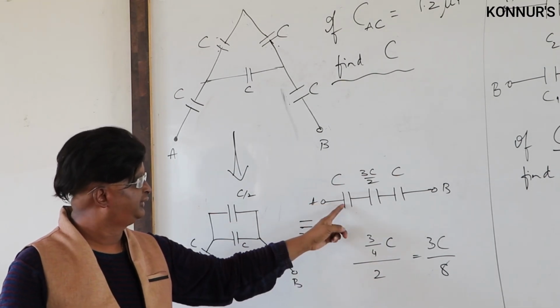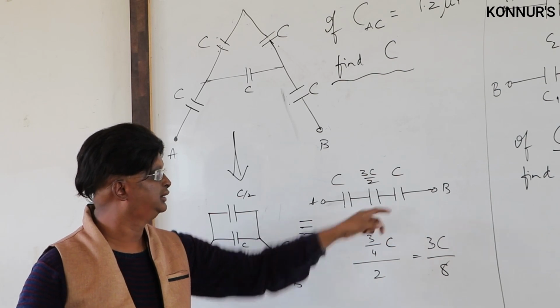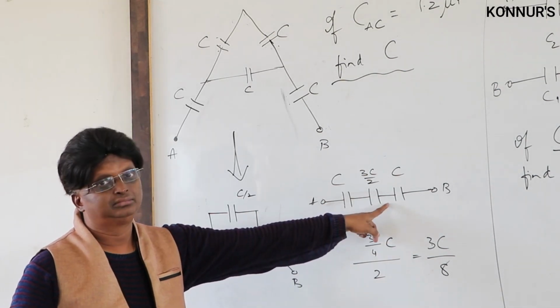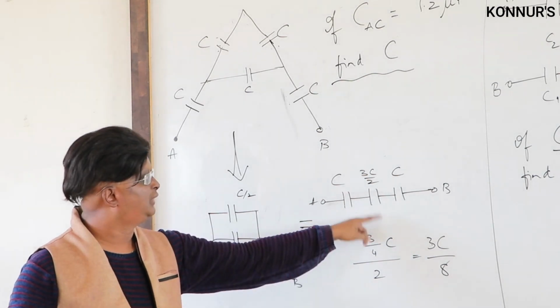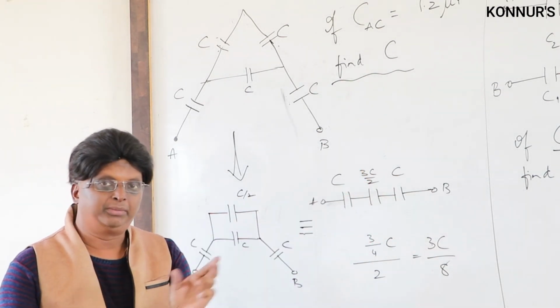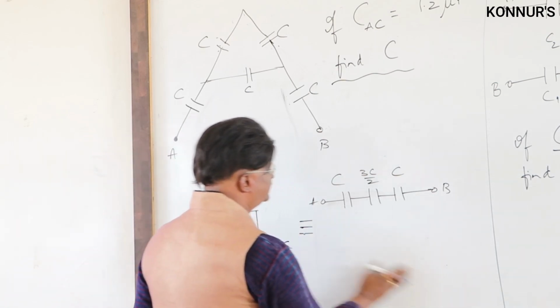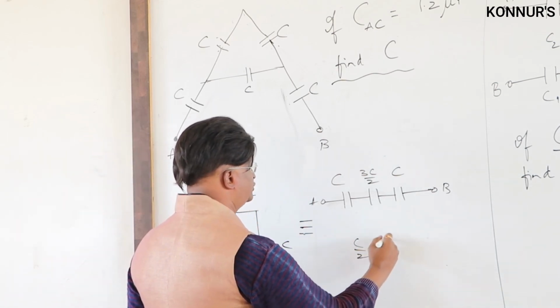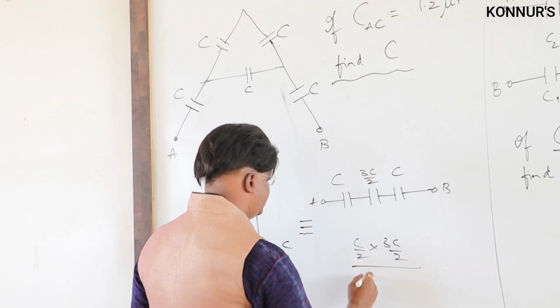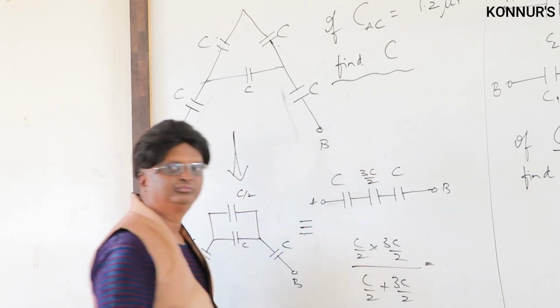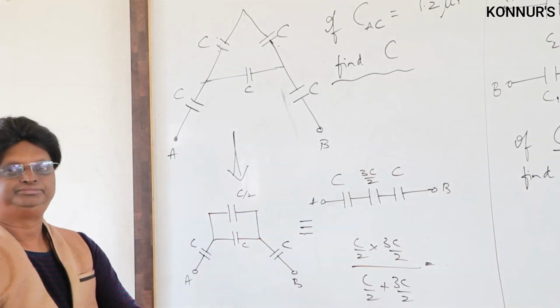You can say C, 3C by 2 and C. Now you can further reduce as C and C, C by 2. C by 2 and 3C by 2 become series. So what is the final answer? C by 2 into 3C by 2 by C by 2 plus 3C by 2. That's what is your answer.